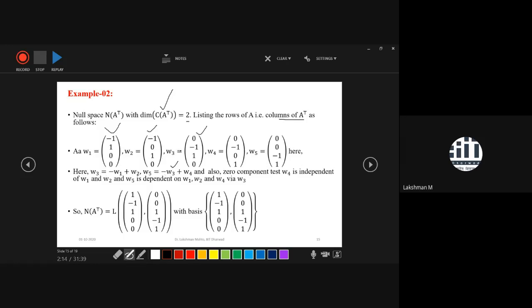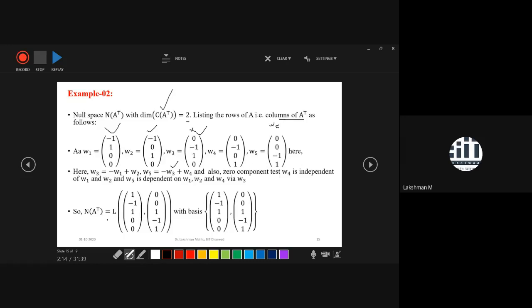So W3, W4, W5 are redundant columns. If you go to row reduced echelon form, these are associated with non-pivot columns, that means free vectors. So those are forming the basis of the null space of A transpose.